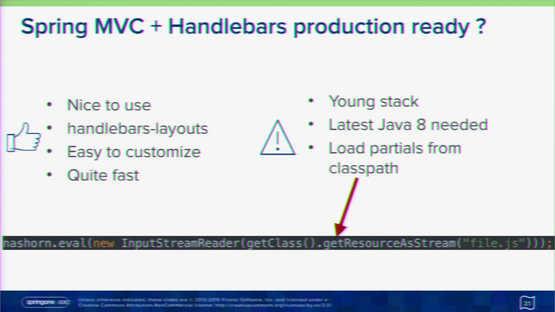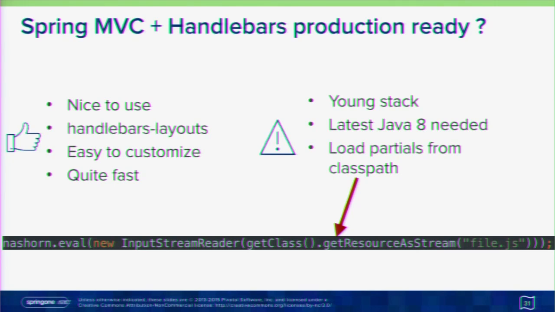So should we consider Handlebars and Spring script template support as a real alternative to Thymeleaf, Velocity, FreeMarker, or Groovy markup templates? Well, it's nice to use and easy to customize. We have a good level of functionality with all the Handlebars extensions and helpers, and it's quite fast. But on the other side, this is quite a young stack.